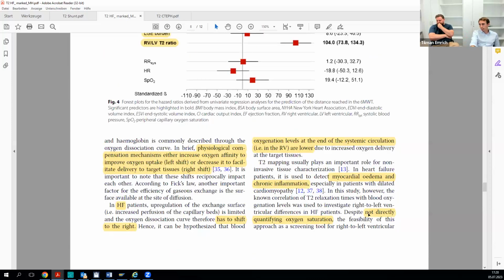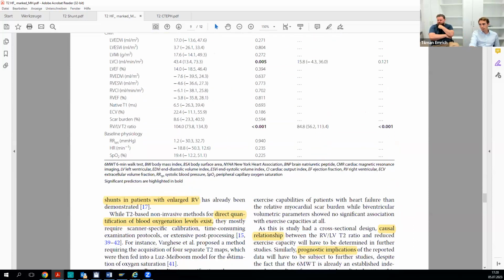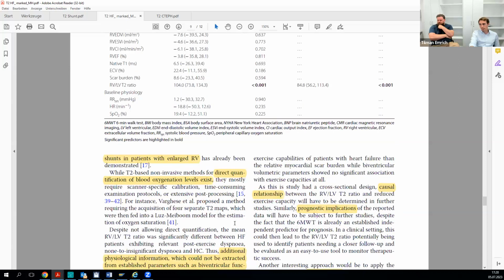So it's important to note that this is not directly quantifying oxygen saturation. This phenomenon is just a hint on oxygen saturation, and it's based on that, but we're not able to quantify that. That is also because there's no invasive reference for the blood oxygenations in this study.